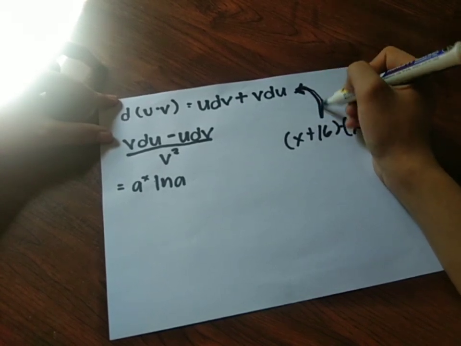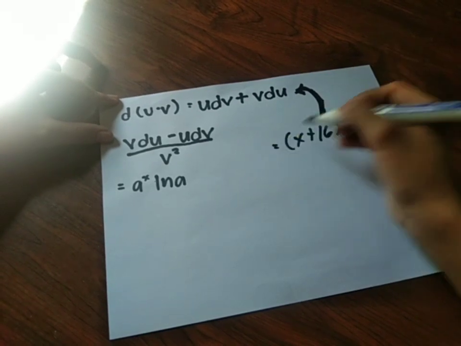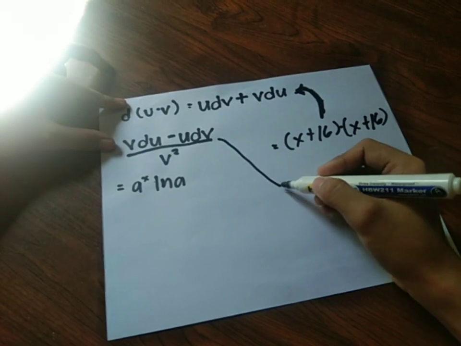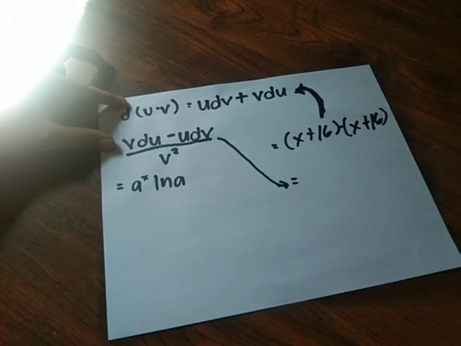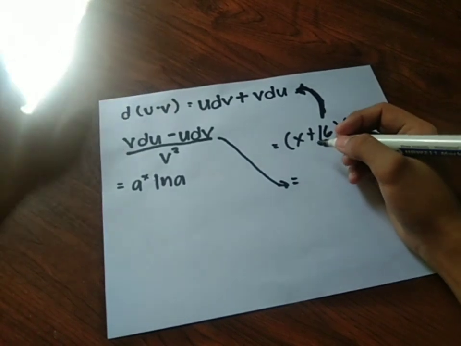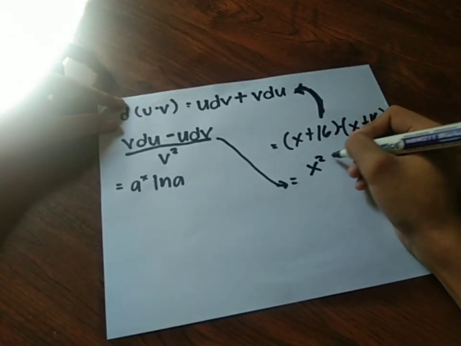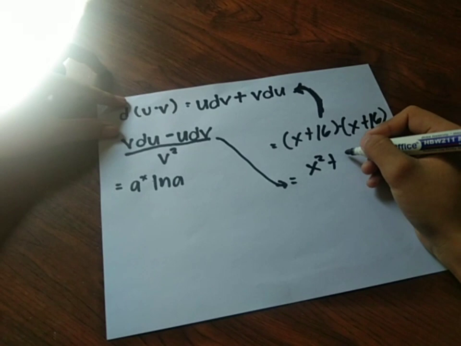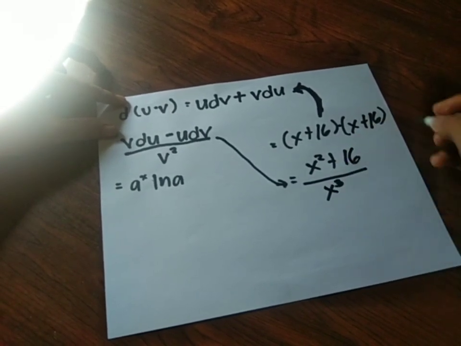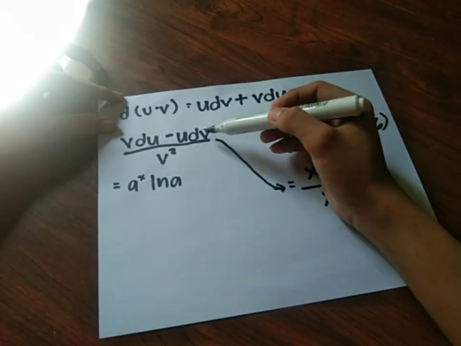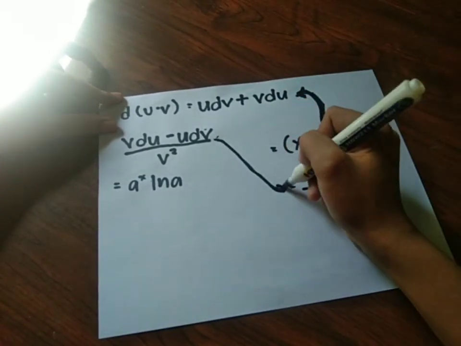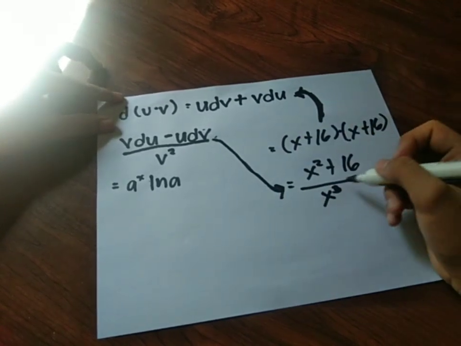Also, this is for the quotient. For example, you are finding the derivative of x squared plus 16 over x cubed. You will use this formula in finding the derivative of this function.